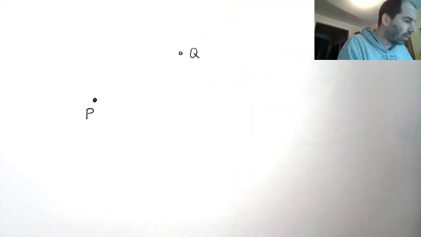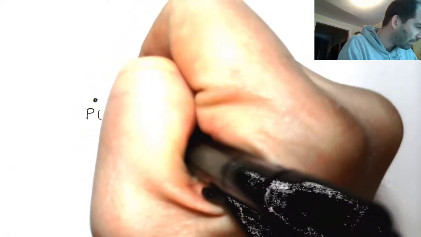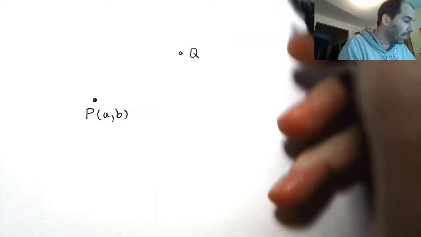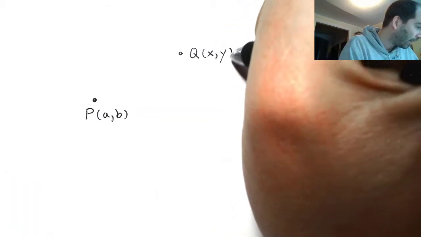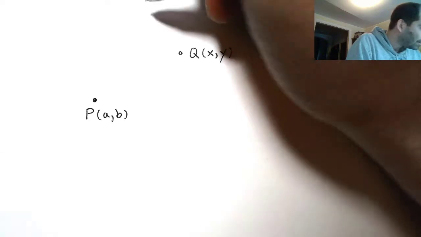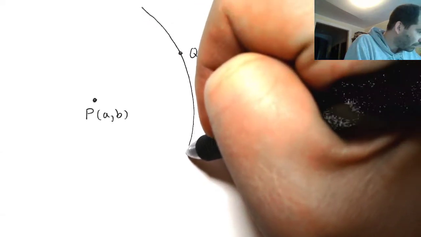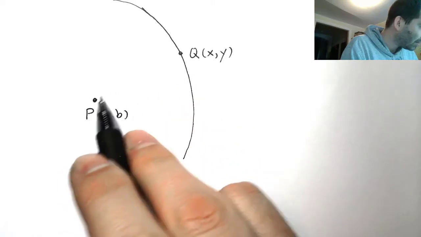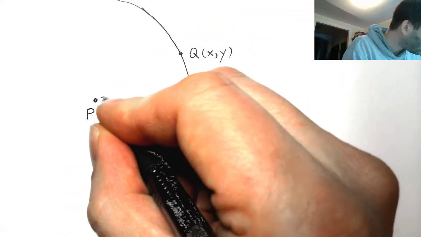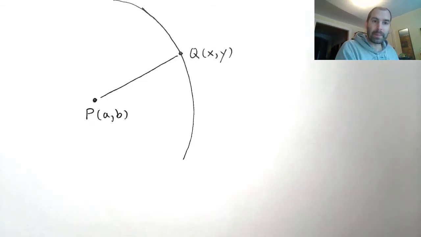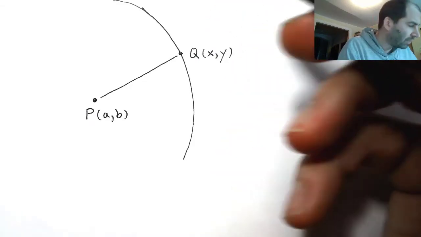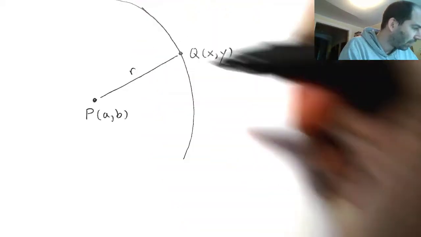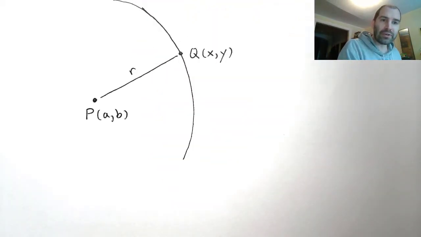Okay, so P has coordinates, let's call them A and B. The x coordinate is A, the y coordinate is B. And Q has coordinates, let's just call them X and Y. The circle is going to be the set of points that form this curve, which, as we said, was the set of points that are equidistant from P. So what we need to do here is we need to find the distance. And that distance, we called it D before, but since this is a circle, we call that the radius, so I'm going to call it R. So to find an equation for the circle, what I'll try to do is find an equation for R.